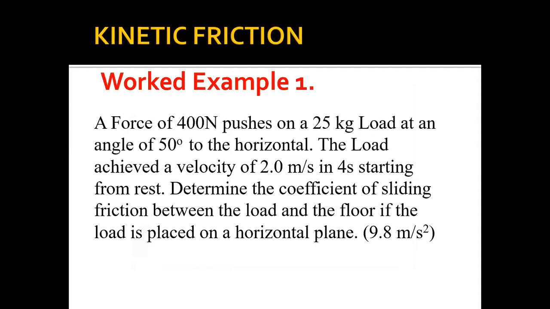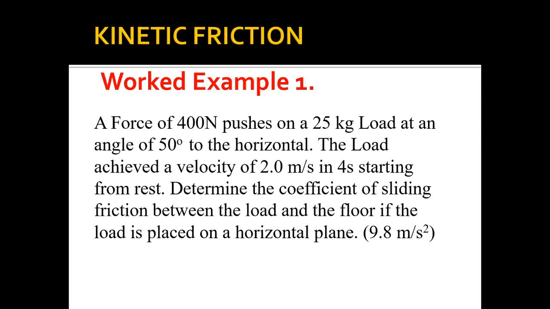It says a force of 400 Newton pushes on a 25 kg load at an angle 50 degrees to the horizontal. The load achieved a velocity of 2 meters per second in 4 seconds from rest. So it means initially the body was at rest.